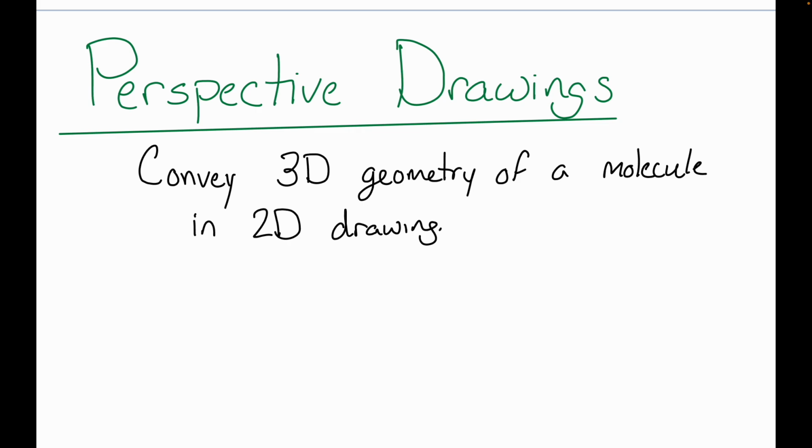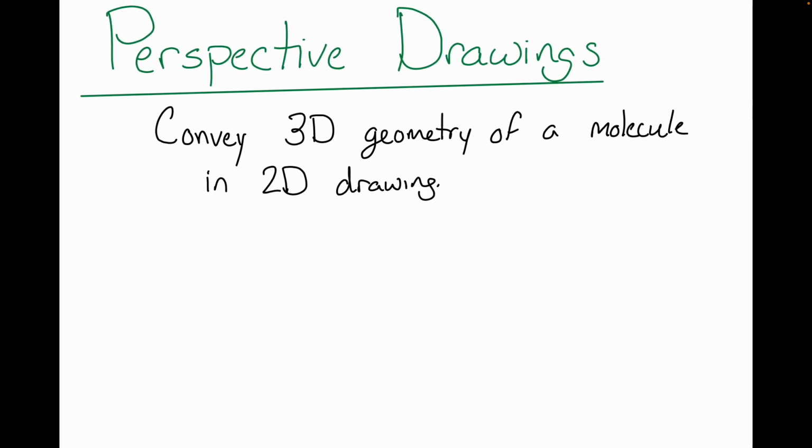Importantly, your Lewis structures do not tell you the geometry of that molecule, or at least they don't look like the geometry of that molecule. We can kind of interpret the information in a Lewis structure to get to the geometry. That's what we were working on last week. But what we write down on the paper isn't the shape of that molecule. It just tells us who's bonded to who and where the electrons live. All right. So these are going to be drawings that do convey that shape.